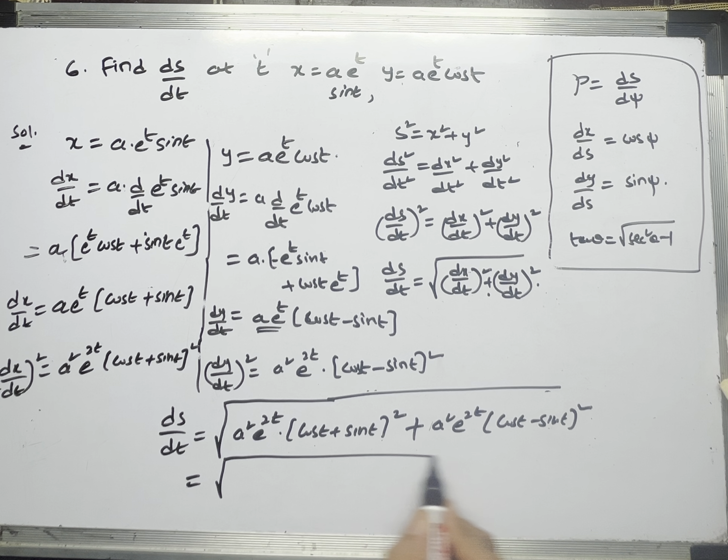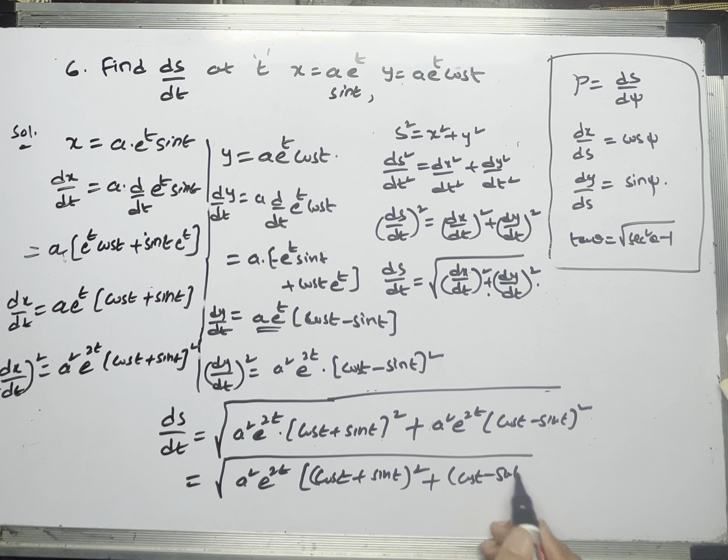So this will be a square e power 2t common, cos t plus sin t whole square plus cos t minus sin t whole square. If you find anything of this form, a plus b whole square plus a minus b whole square is 2 times of a square plus b square.